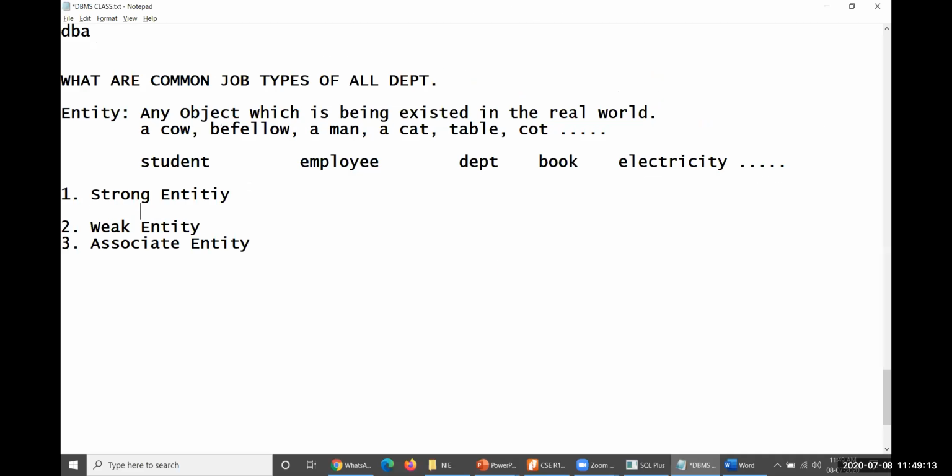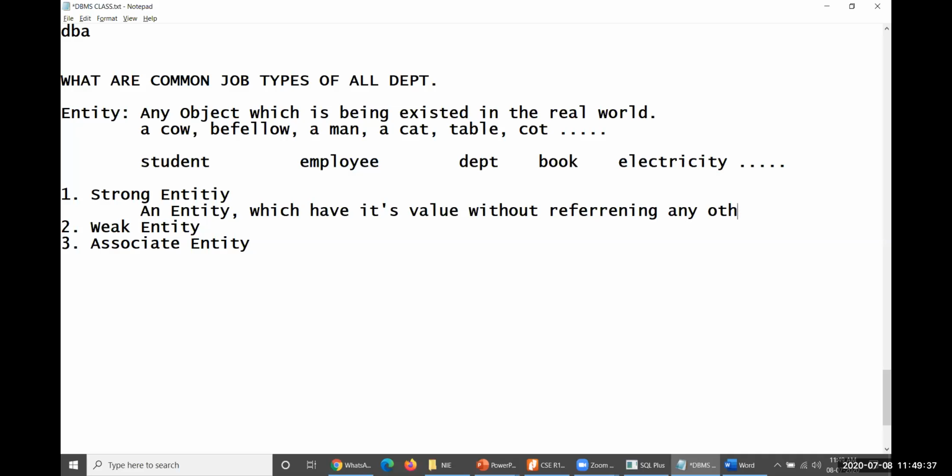A strong entity is an entity which can have its values without referring to any other entity. It should not refer to any other entity. Such kinds of entities are called strong entities.